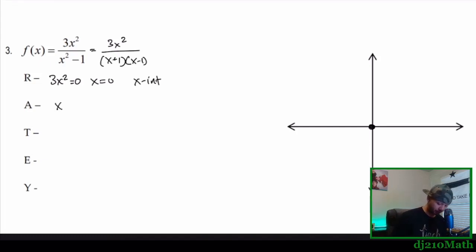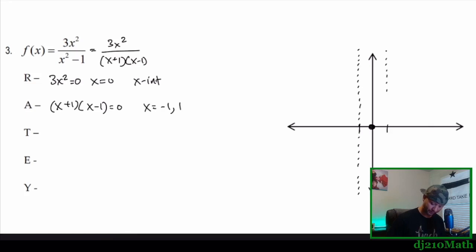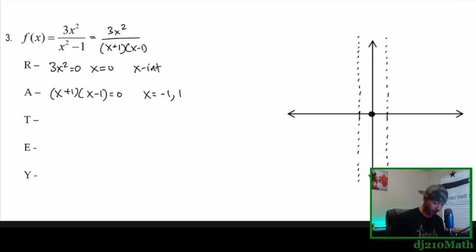Setting the bottom equal to 0, x has to equal -1 and +1. So there are vertical asymptotes at -1 and +1. Then we say, okay, is there a square factor in the numerator? Yes, there is. So let's pause for a second.